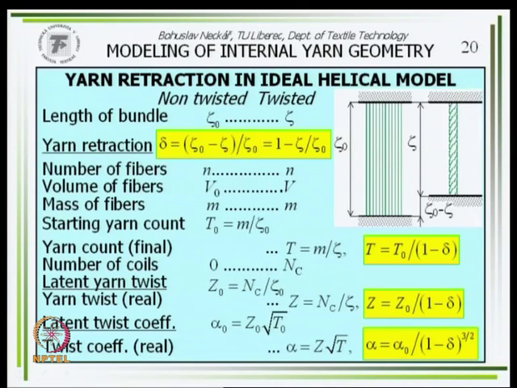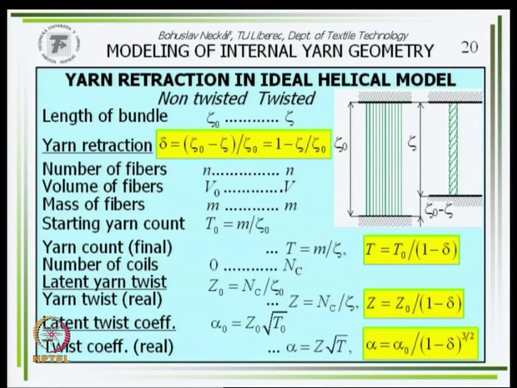Number of coils in the parallel fiber bundle is 0. Here number of coils is NC. We will construct two quantities for twist. The first, which is here, is the latent yarn twist. It is the number of coils per length of the starting non-twisted structure.